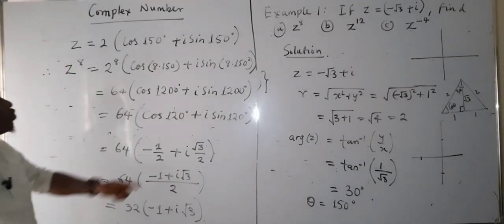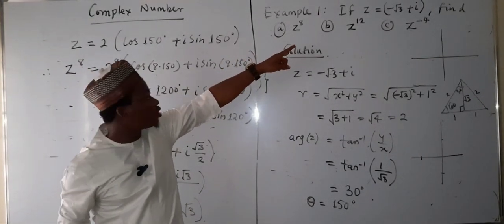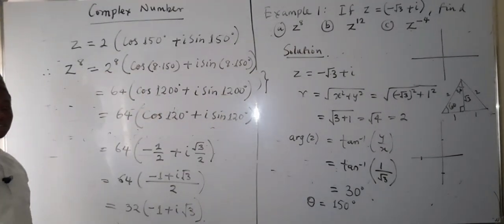Okay. So if you have this z, then z to the power of 8 is equal to this.